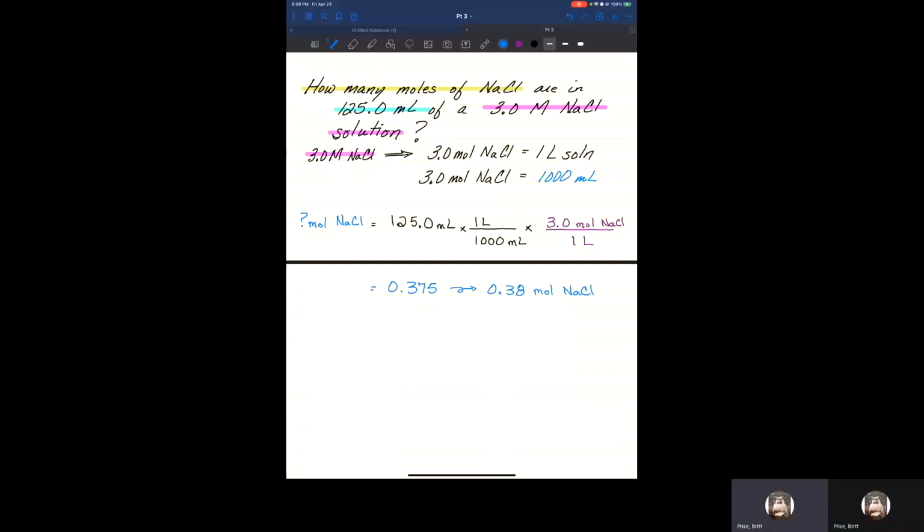We used 55, 50, 45, 40, 35, 30. We walked our way through the various volumes. But how did you find moles? Well, you took the volume that you used, converted it to liters, and then used the molarity.